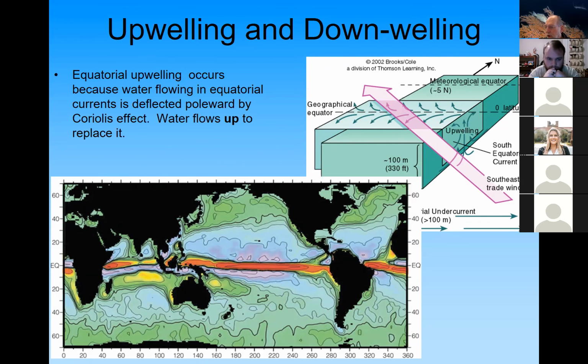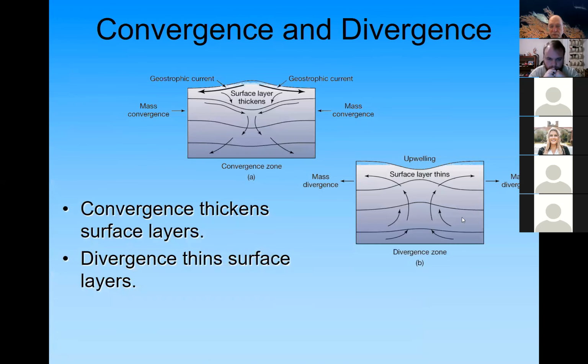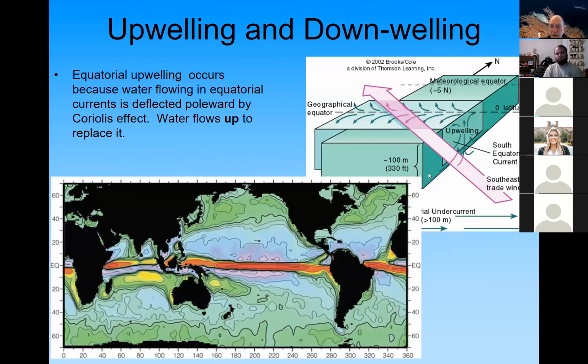If we recall what divergence did, remember in our previous slide, we said if there's divergence, so water moving away from some region, there has to be a replacement from deeper water. So you get equatorial upwelling as a result of winds blowing across the equator. And this equatorial upwelling is particularly important in the Central Equatorial Pacific region, where the presence of nutrients tends to be very low.